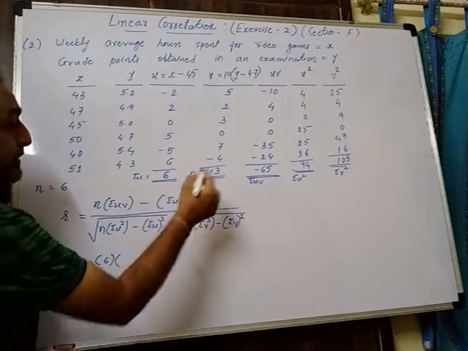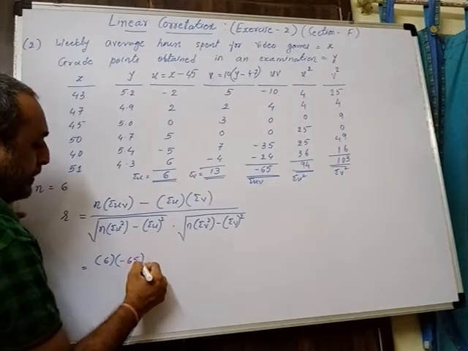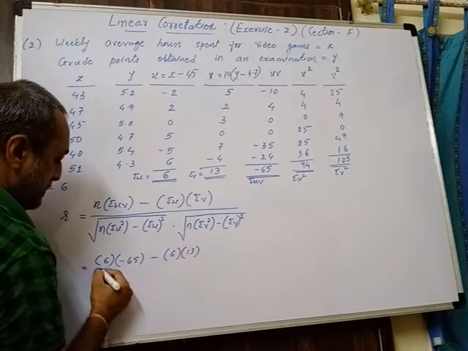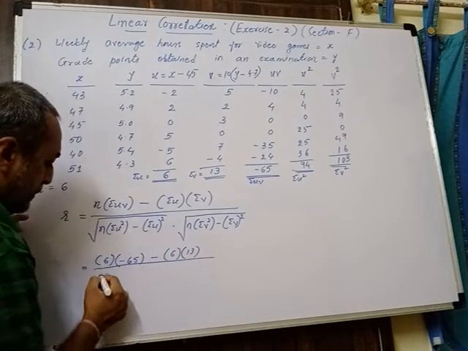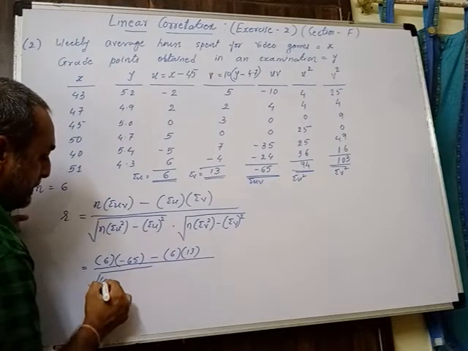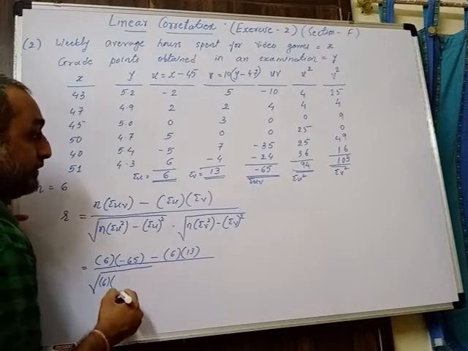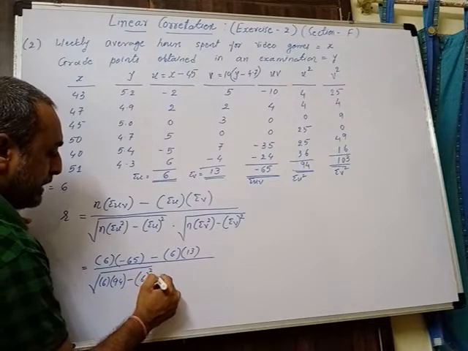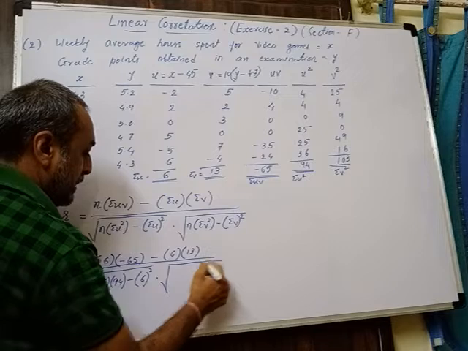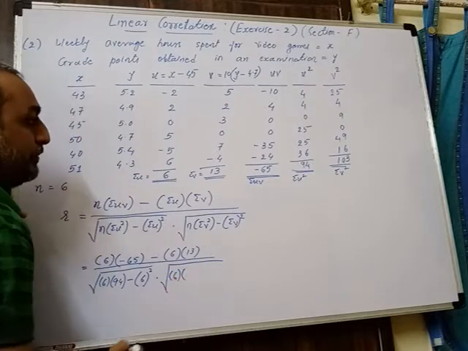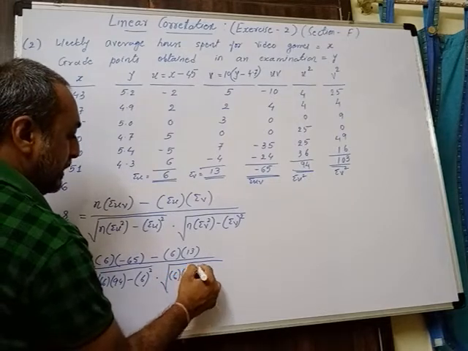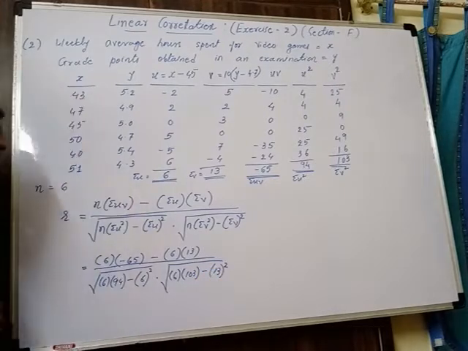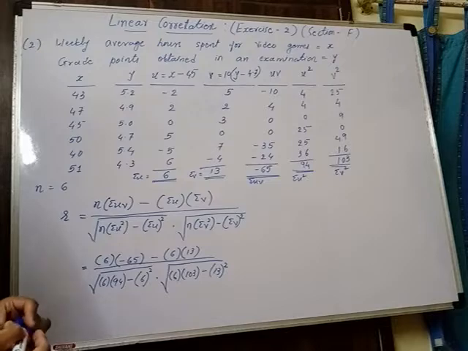Sum of uv is available, minus 65, minus sum of u is 6, sum of v is 13, divided by, into the first root, N is 6, sum of u square is available, 94, minus sum of u, 6, the whole square, into another root, N is 6, sum of v square is available, 103, minus sum of v, 13, the whole square. This is what your values you have to replace.